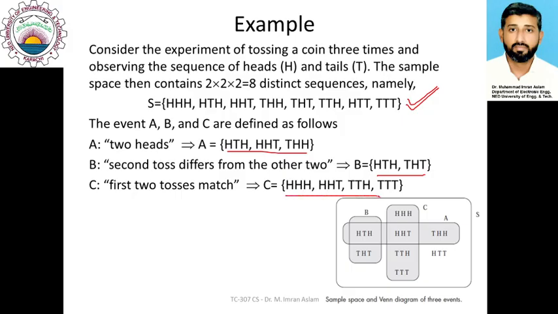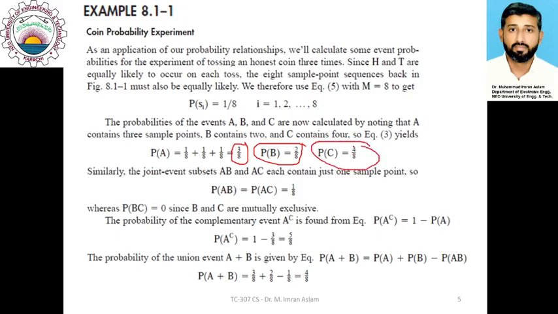C has 4 elements, whereas the sample space contains 8 elements, so the probability of C will be 4 by 8. So we can easily calculate the probabilities of individual events by looking at the Venn diagram as well as the set notation for the events.